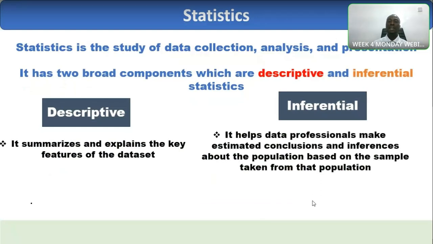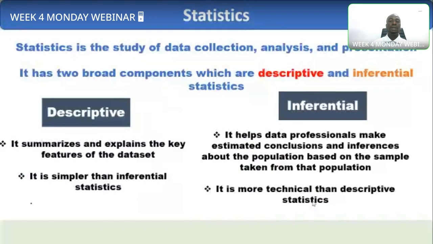While inferential statistics helps us to make estimated conclusions and inferences about the population based on what we are able to get from the sample collected from that population. So descriptive statistics is simpler than inferential statistics, because inferential statistics is more technical and involves some of the advanced statistical models and hypothesis testing.